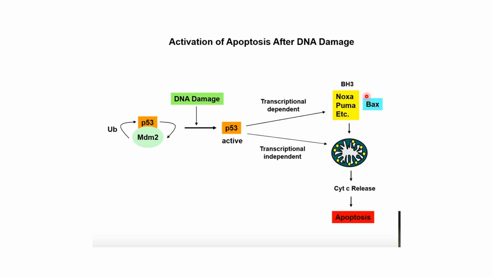And this protein, as we discussed, promotes apoptosis by releasing cytochrome C. Also, P53 directly activates the release of cytochrome C by forming a pore, directly interacting with the mitochondria, activating the signaling mechanism and releasing cytochrome C. So through both these pathways, P53 acts and leads to apoptosis during persistent DNA damage.